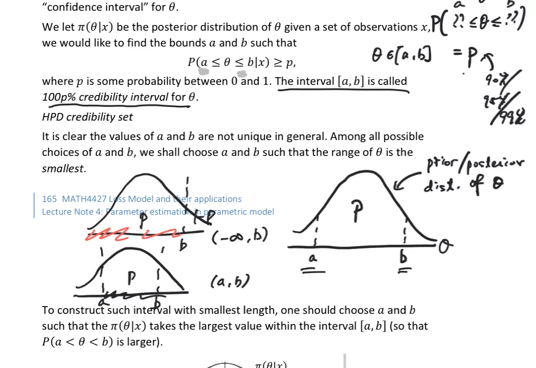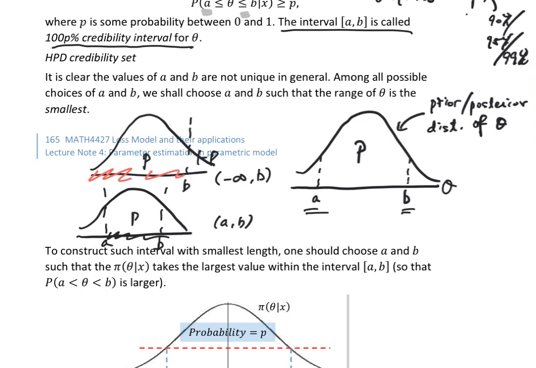Given so many choices like that, which one should I take? Just remember why we consider the credibility interval: we want to get the range of theta, to get a good estimate of theta.